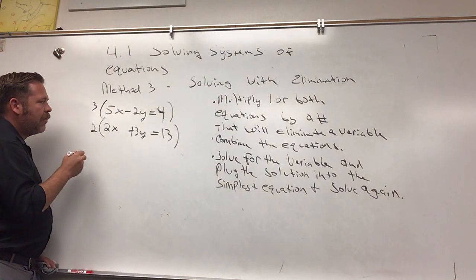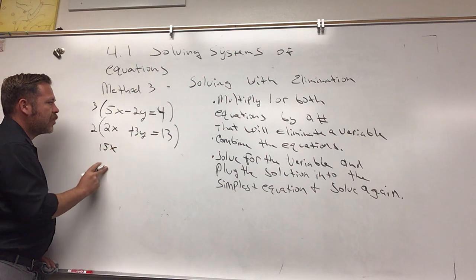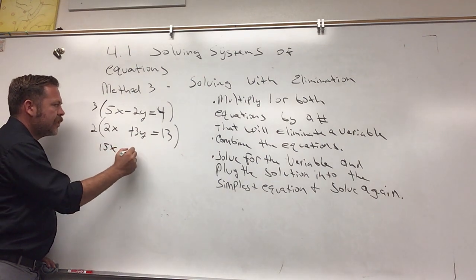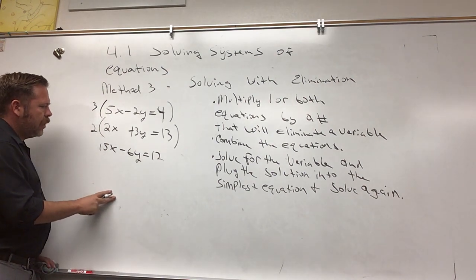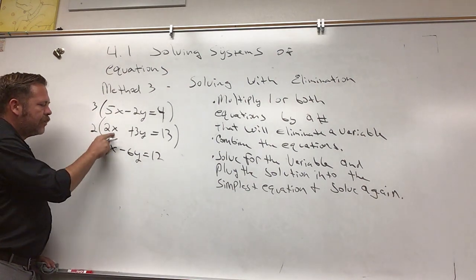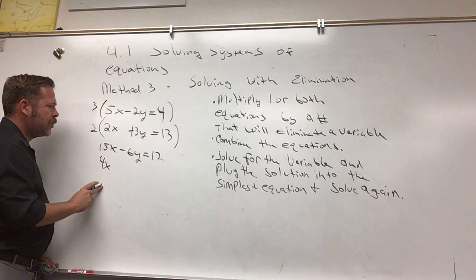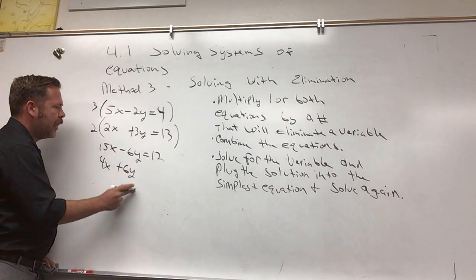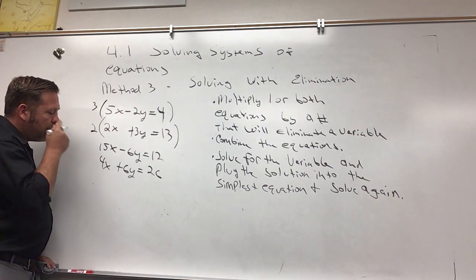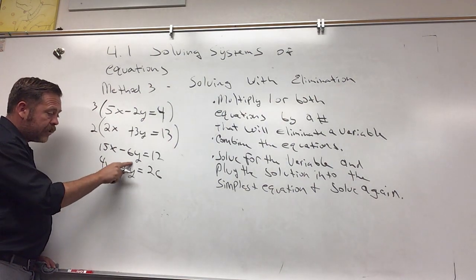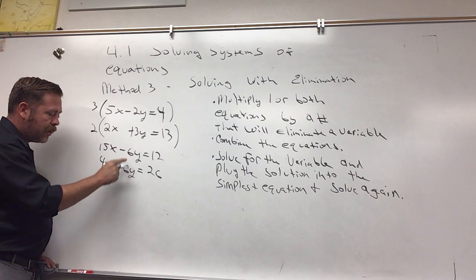In doing so, I would get 15x minus 6y equals 12 from the first equation. And in the second equation, 2 times 2x would be 4x plus 6y equals 26. So now, look at this system. It's better because I have y's that are going to go away.